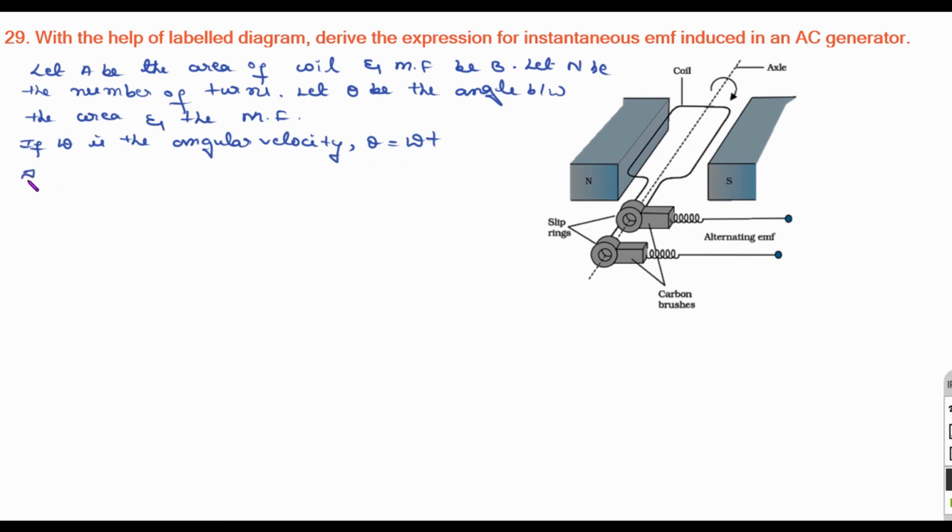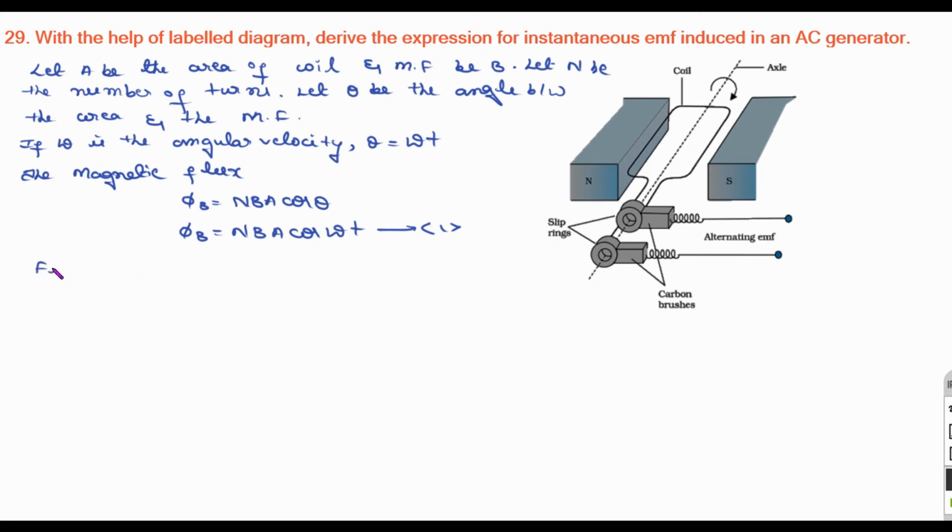The magnetic flux linked with the coil is phi B is equal to nBA cos theta. So nBA cos, in place of theta I can write omega t. So first we have to write the expression for magnetic flux. First, what have we done? We have written the expression for magnetic flux.